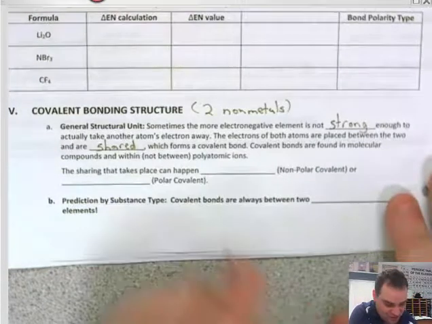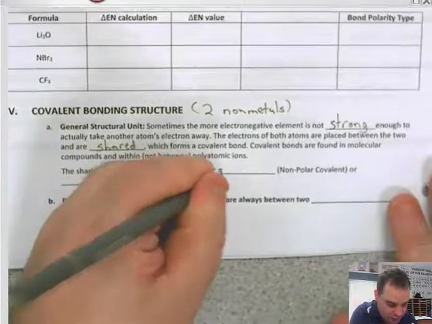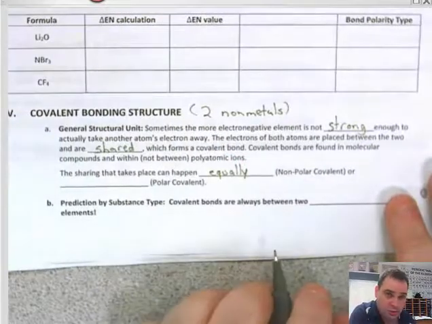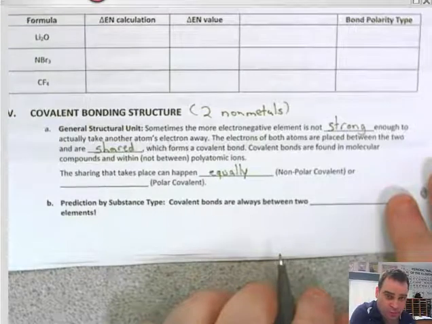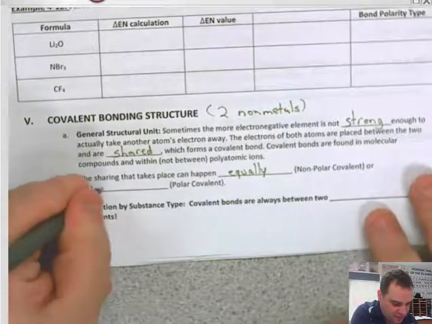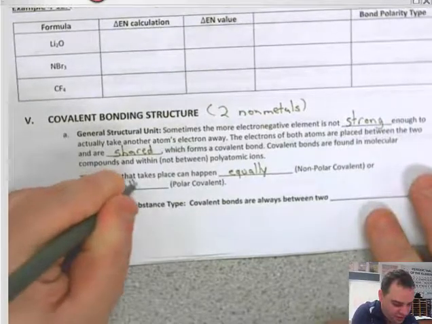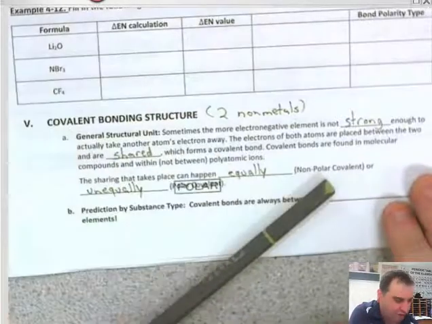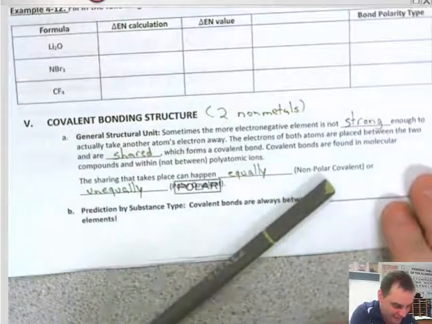You can share equally, which is non-polar. Or you can share unequally, which is polar.